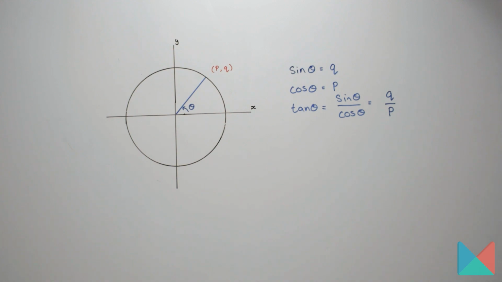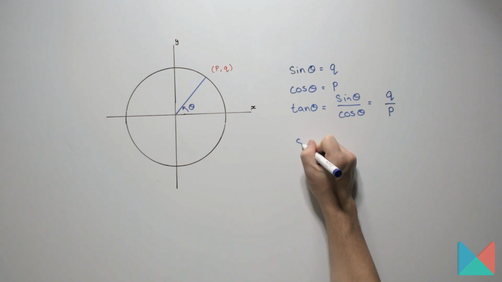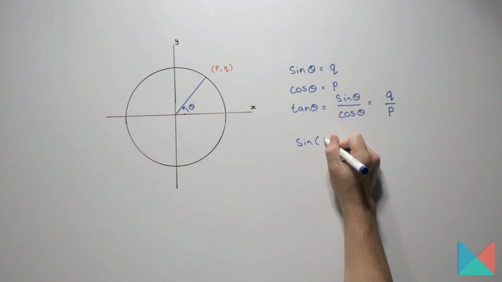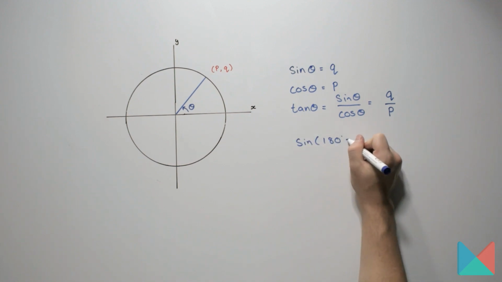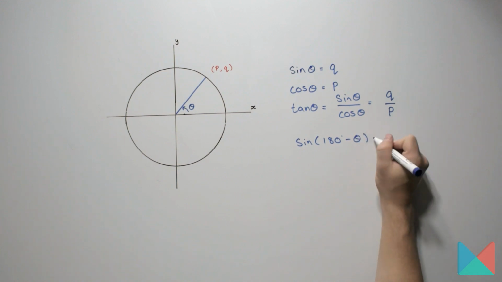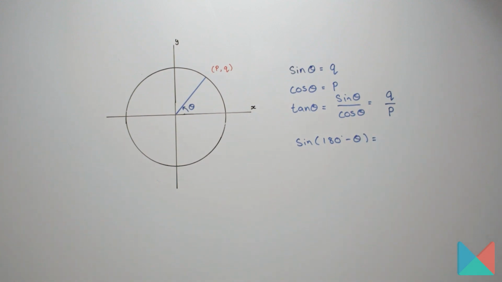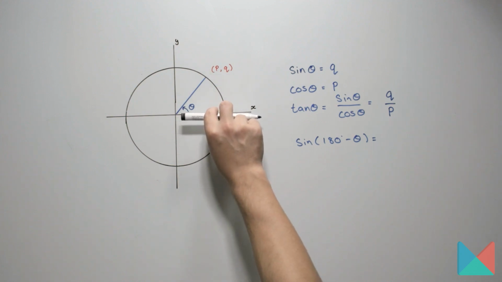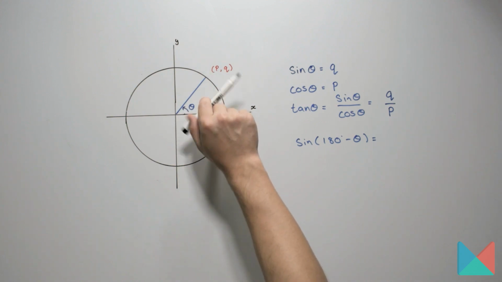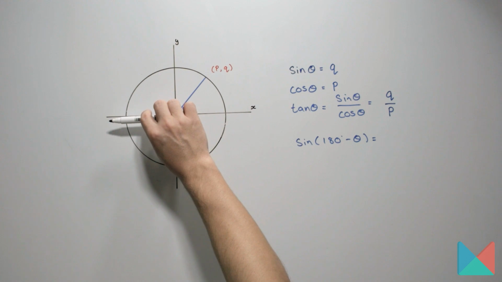So these are some easy examples so far, but now consider what sine of 180 degrees take theta is. Well, first let's try to find where our angle of 180 take theta degrees is. So remember, we start at 0 degrees on the positive x-axis, and we're going to go around 180 degrees, and then we need to subtract theta.